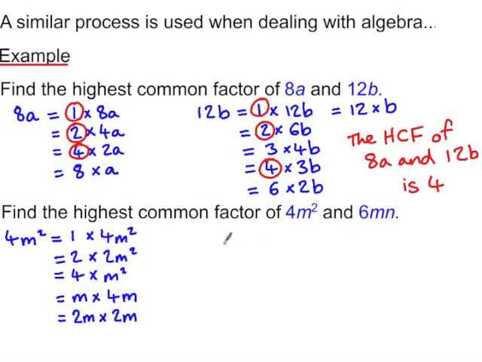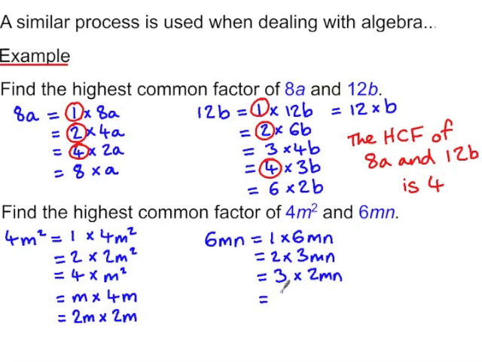Then looking at 6mn, the numerical factors are 1, 2, 3 and 6. 1 times 6mn, 2 times 3mn, 3 times 2mn, and 6 times mn. And we can see again that m is a factor, so it's m times 6n.